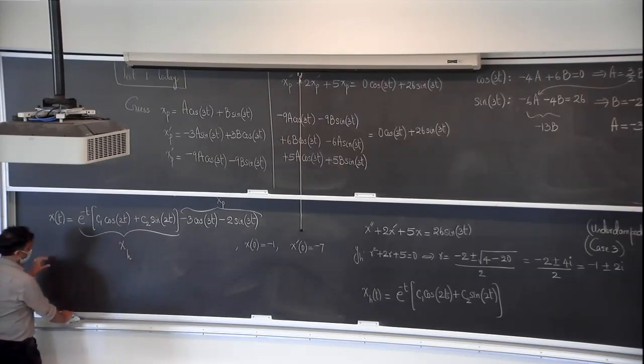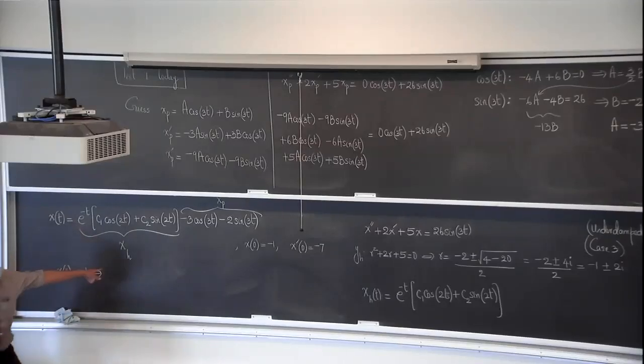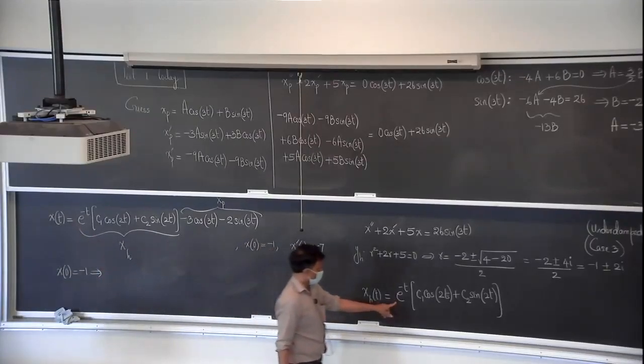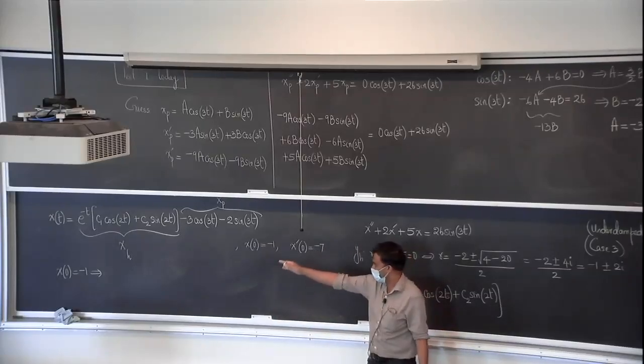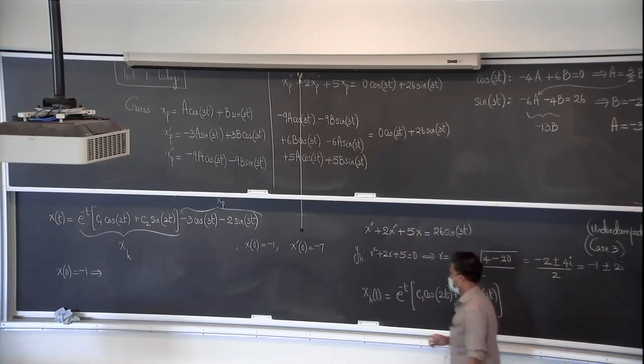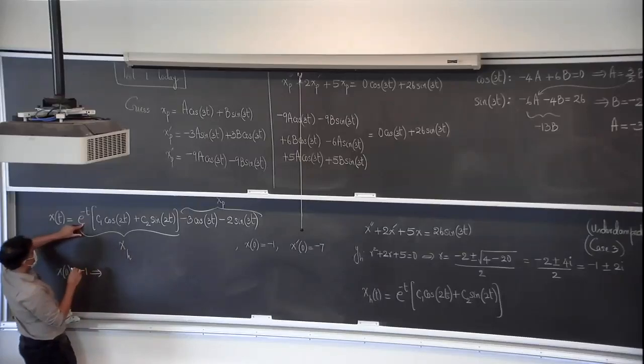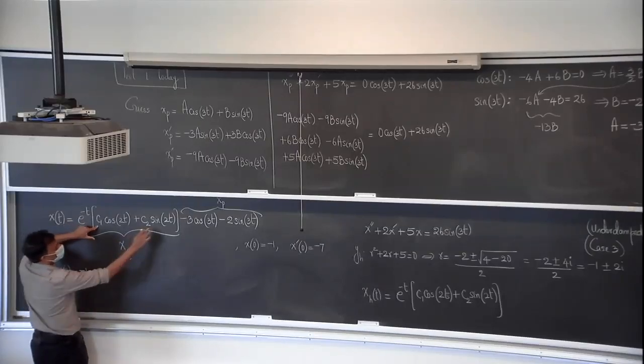x of 0 equal -1. So you're not doing it at this point. Okay, please don't do C1, C2 here because we need to get the entire solution to do this substitution. x of 0 is -1, so that'll give you C1 here. This will be 0.